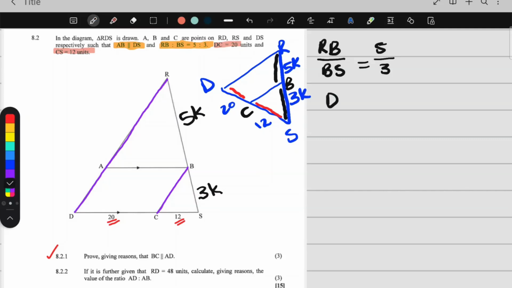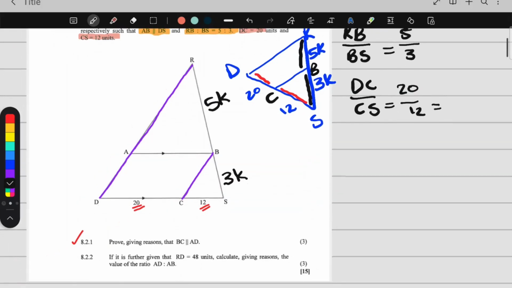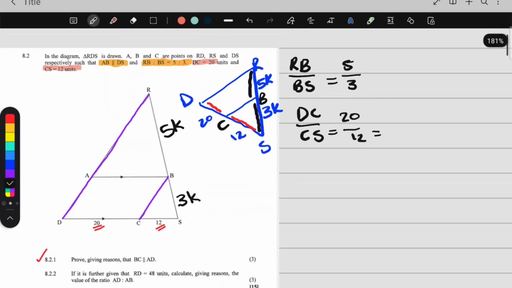What's DC over CS? Now DC was 20 and CS was 12. And if I simplify this, 4 goes into 20 5 times and 4 goes into 12 3 times. Can you see I get the same answer? I can now conclude this line is parallel to that line.